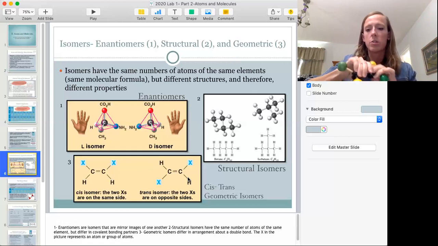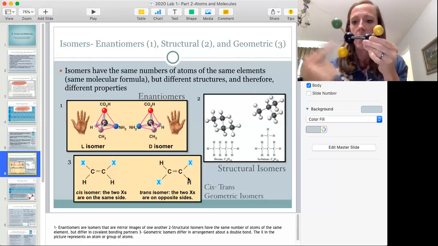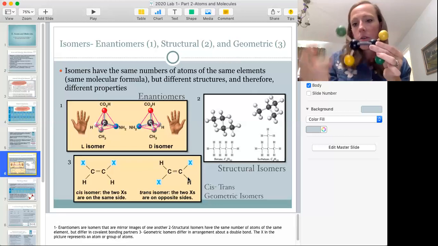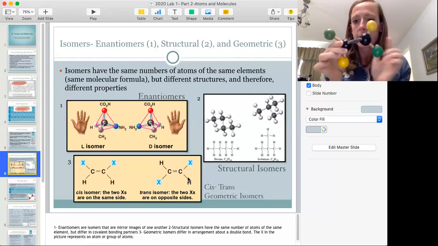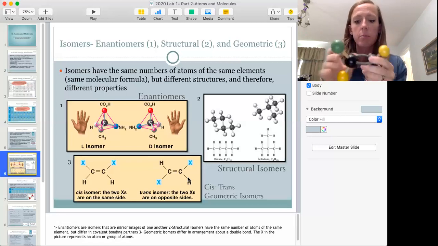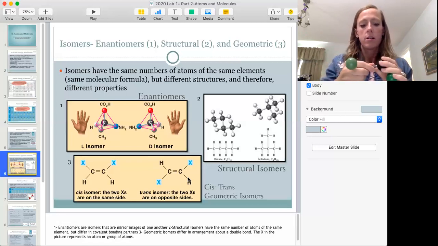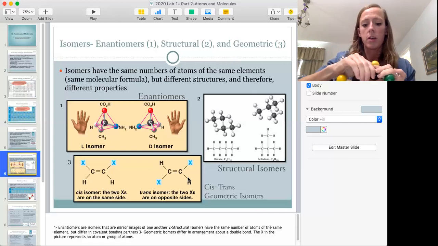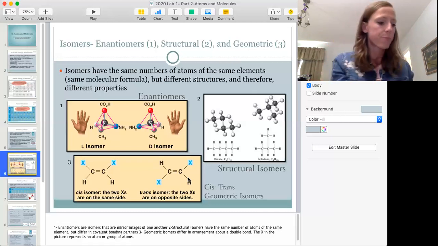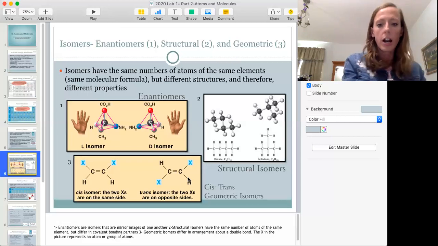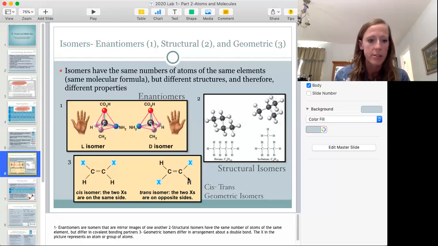So you'd have your 2 hydrogens now on opposite sides and your 2 chlorines, or whatever it be, your X group, on opposite sides. So this would be the trans form of the isomer, and this would be the cis form of the isomer, because they're the same, cis. All right, so those are cis-trans geometric isomers.